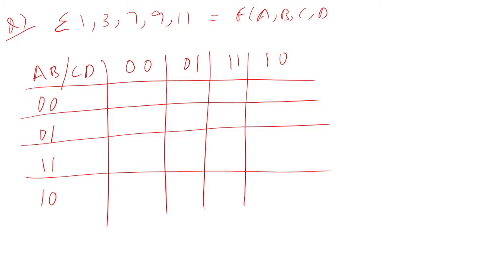Now 1 is 0, 0, 0, 1. 3 is 0, 0, 1, 1. 7 is 0, 1, 1, 1. 9 is 1, 0, 0, 1.